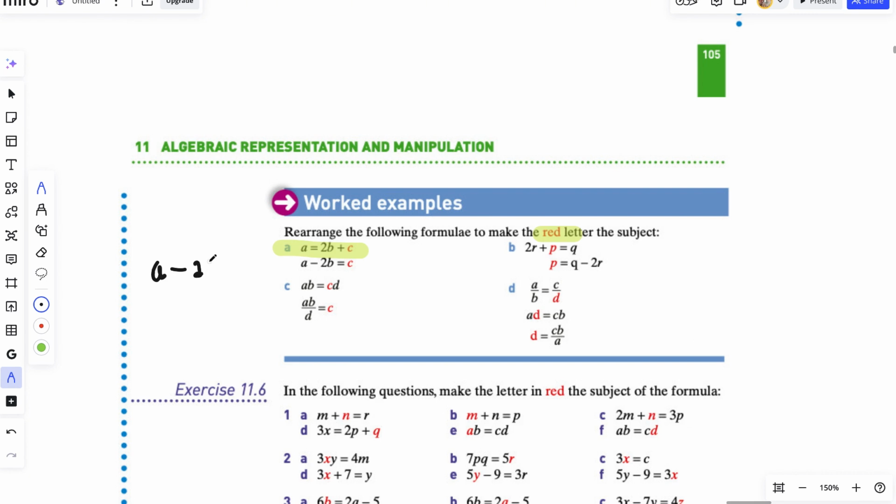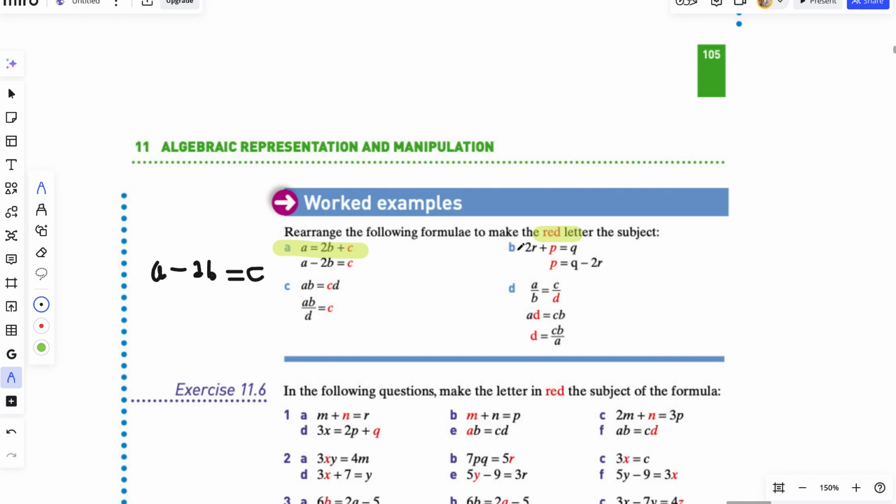So A minus 2b equal to C. Now C is the boss, it's sitting alone on his own side. So that's the meaning of subject of formula. You make it to be alone on its own side, and that's how we got this one. Is that okay? So you've made C the subject. This is the meaning of rearranging to make the subject of formula.